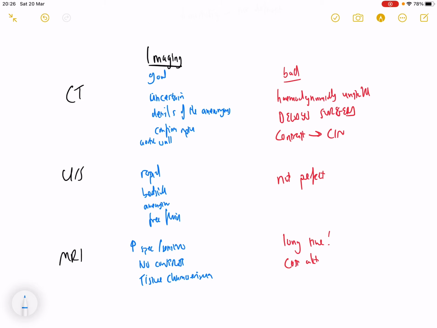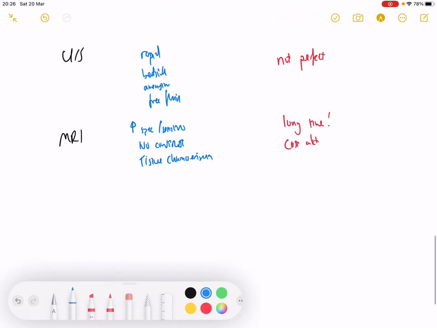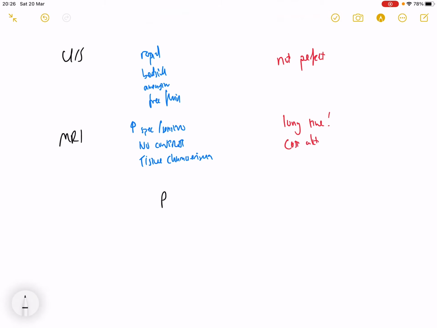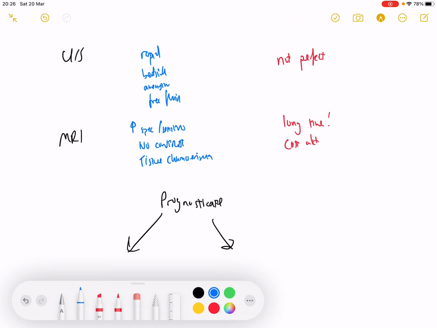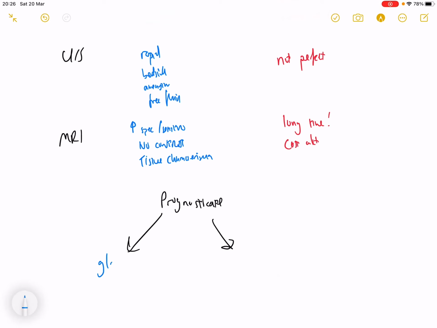Okay. So, how do we prognosticate? Well, there's two ways. There's the Glasgow aneurysm score, and there's the Hardman index.